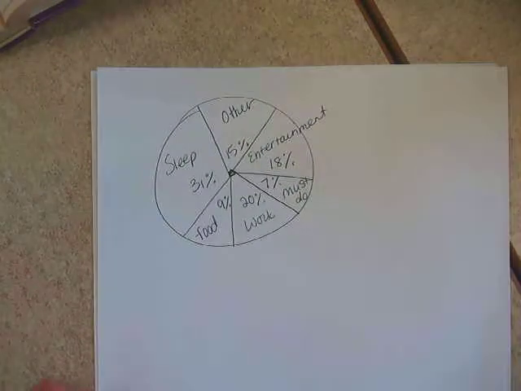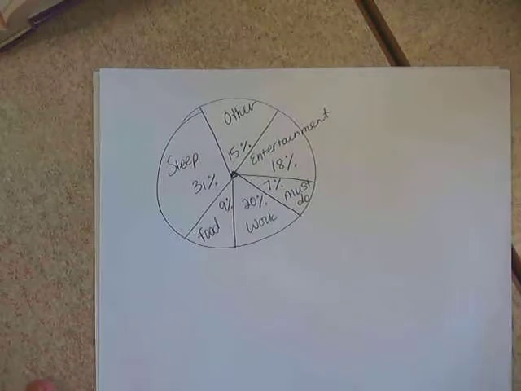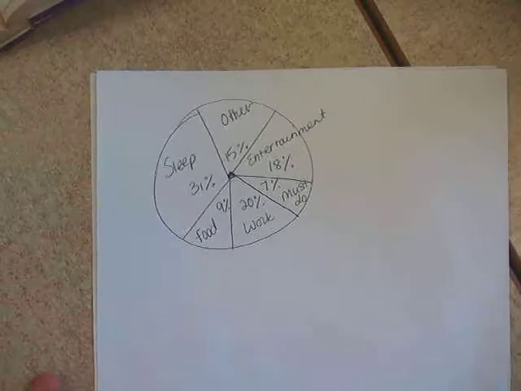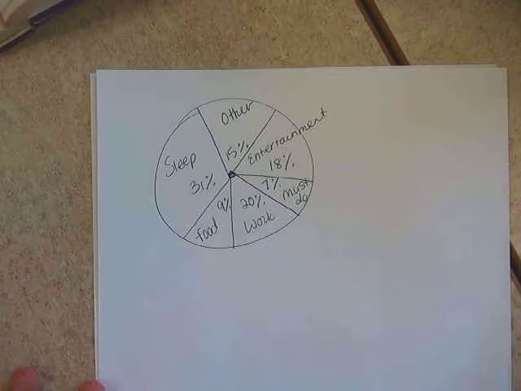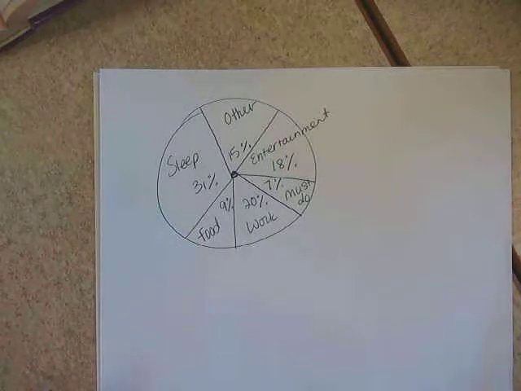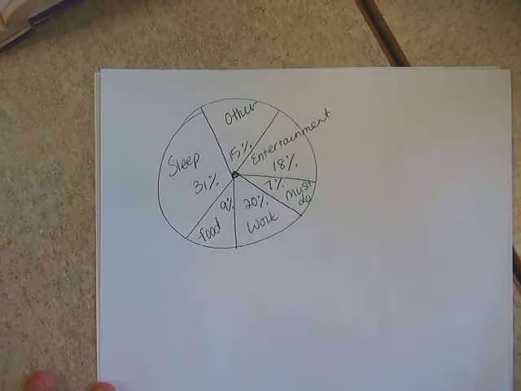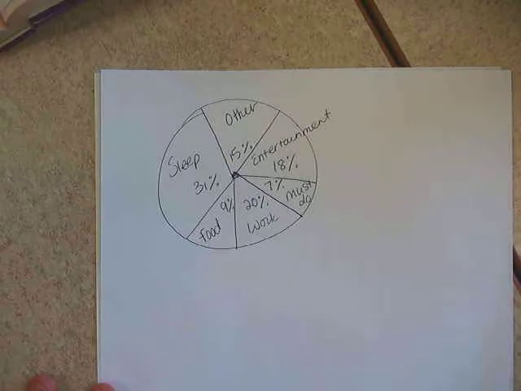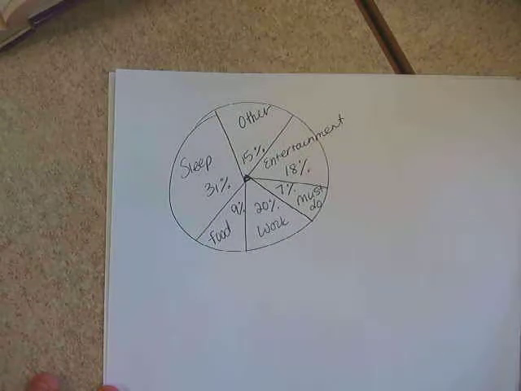Now, I know that a lot of programs anymore, you just give it the information, it'll make the pie chart for you in the correct proportions. But since we're talking about the geometry behind some of this, if you had to create this yourself and you wanted it to be to scale, how would you do that?